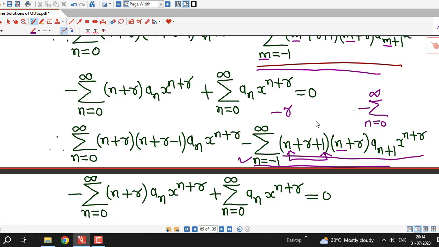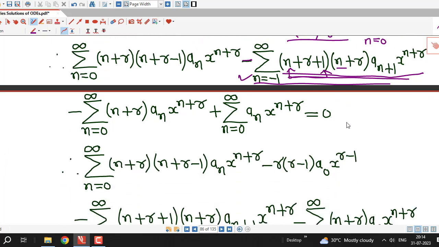For n equal to minus 1, I will have a0 x raised to r minus 1, minus sigma times this quantity, but from n equal to 0 to infinity, and here I have negative sign, so I will have negative quantity here, and rest of the things as it is.